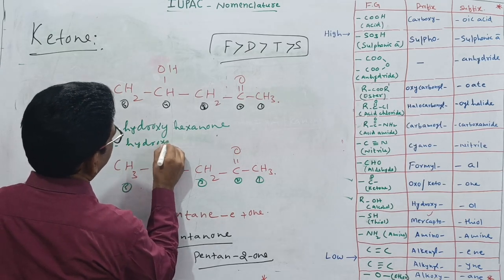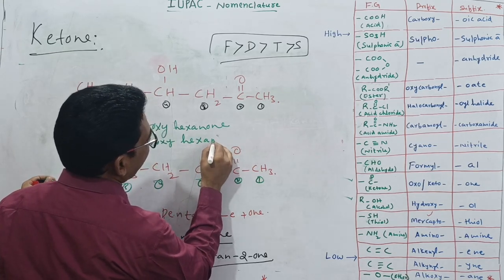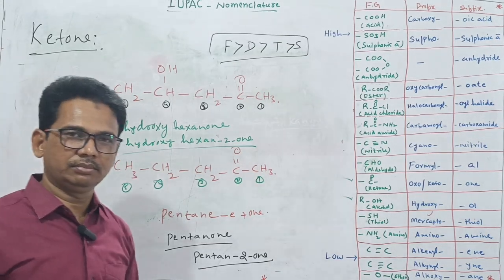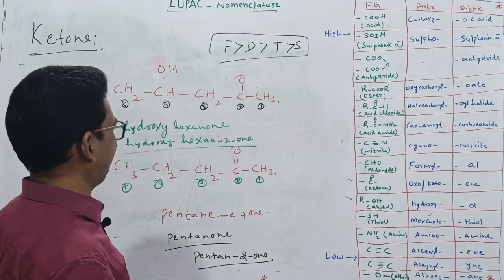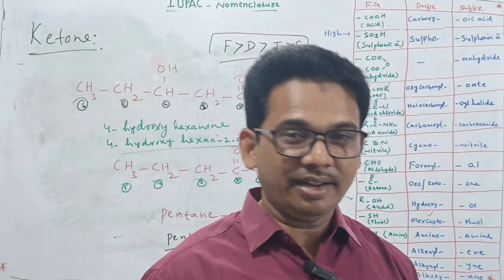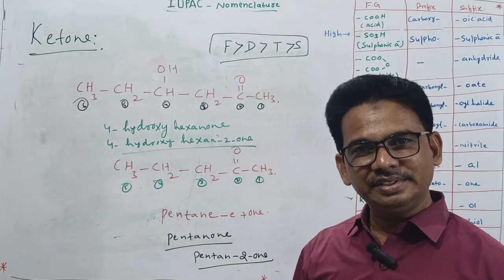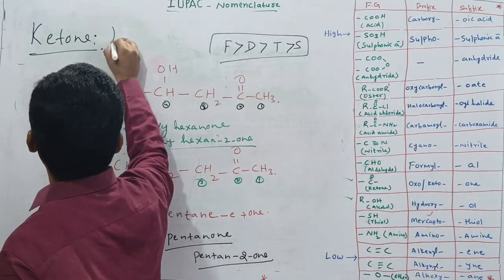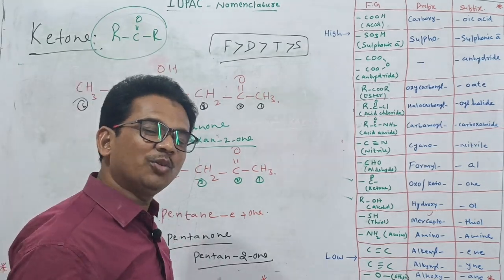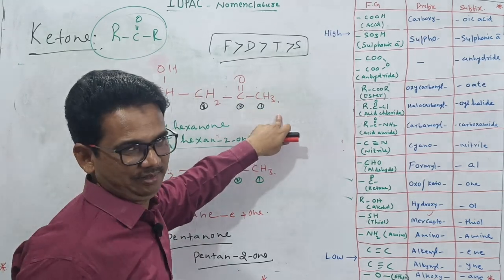4-hydroxyhexane-2-one, both are the same. Where is the ketone? At the second position. If you don't write it, hexanone is also fine. Don't say that, sir, if it is at the first position we don't write it; why is the second position fine? Even at the second position it looks like the first position. Why? RCOR is the functional group for the ketone, so when it is ketone-one, everyone will understand that after the functional group there is one more carbon.